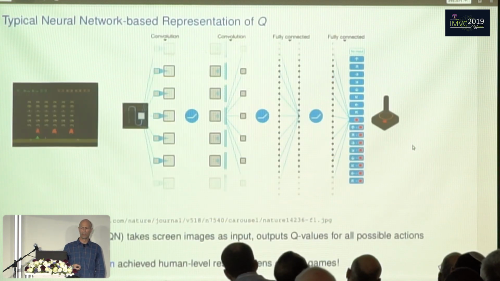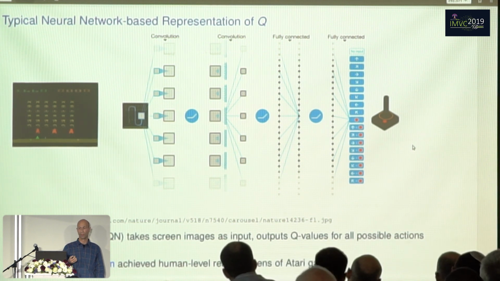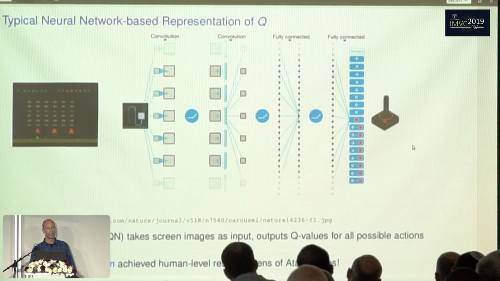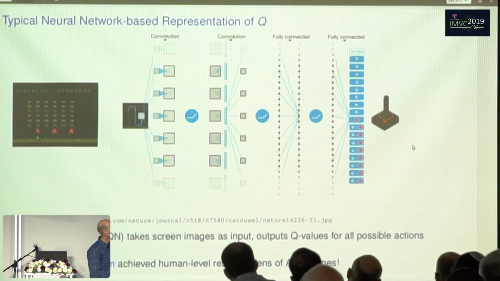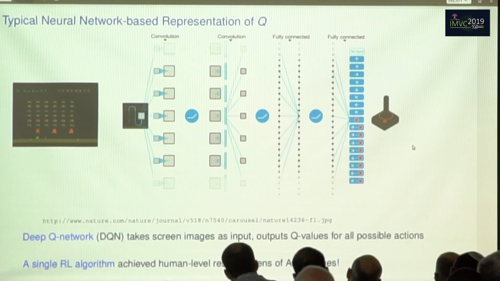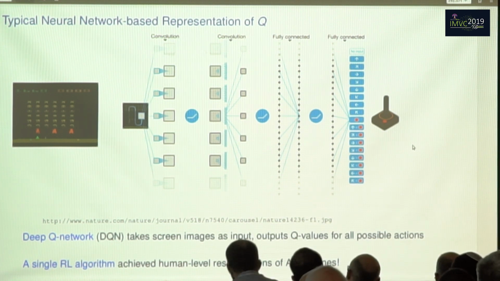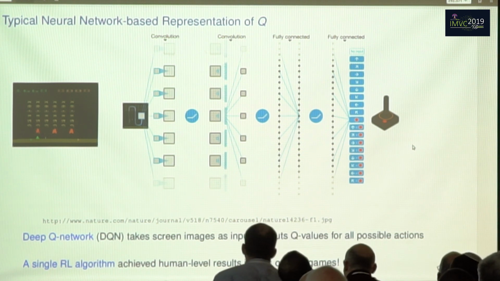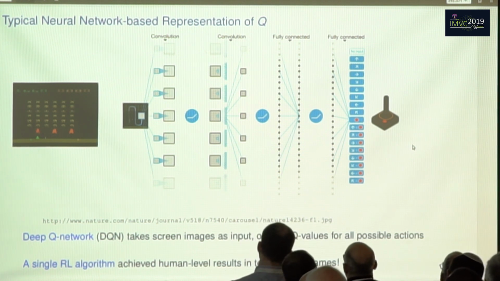Inside DQN, there is a convolutional neural network that gets these screen pixels as input, and the output on the right is 18 Q values for the 18 possible joystick actions. The joystick has 18 actions, and each one has a Q value, and that's the output of DQN. When you have these Q values, you just need to select the action with the highest Q value. That's very easy to do.